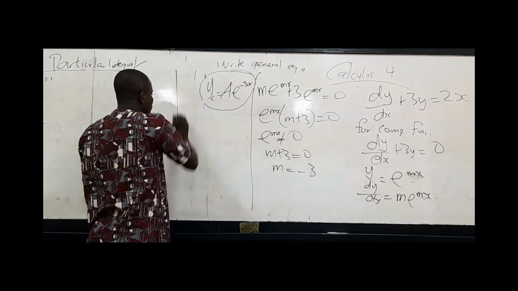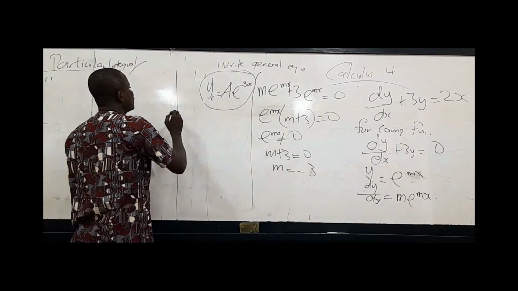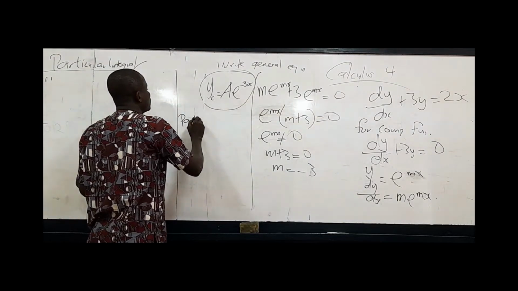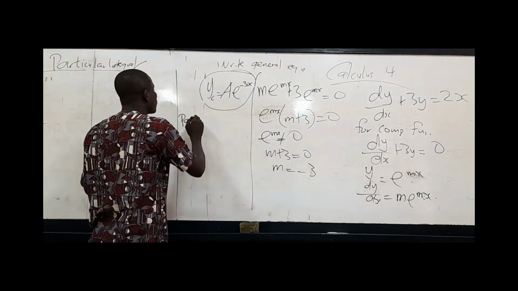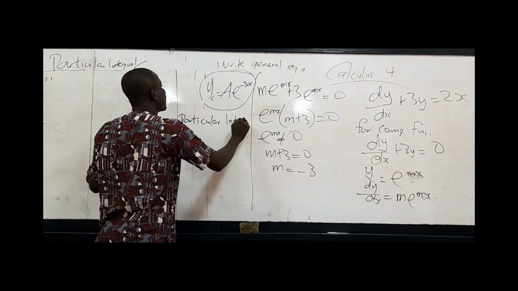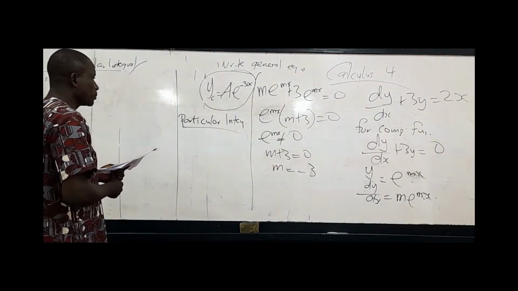Now we are coming to our y particular. The first one is the complementary function, so we are now coming to the particular integral. For the particular integral, what did we say?